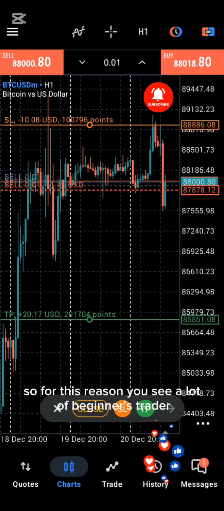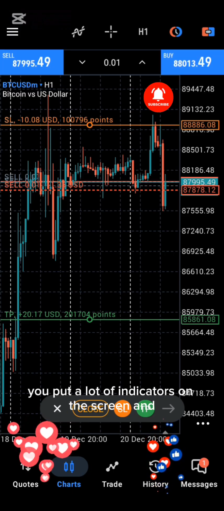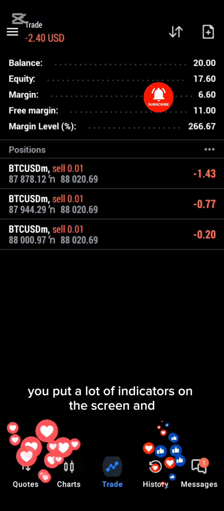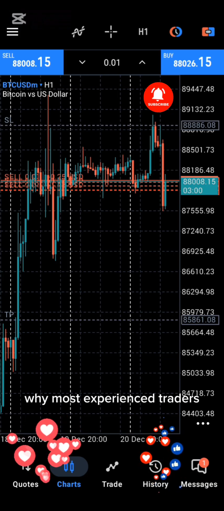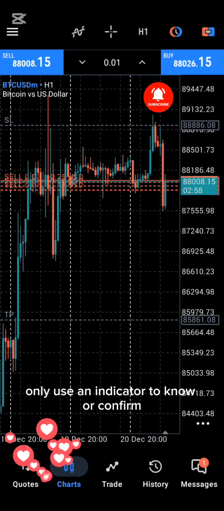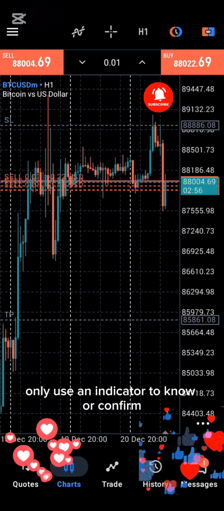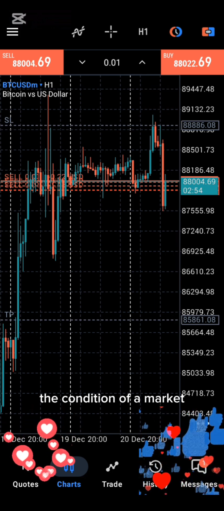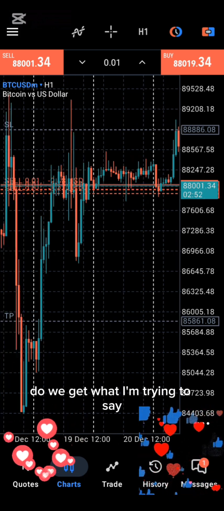So you see a lot of beginner traders put a lot of indicators on the screen, while most experienced traders only use an indicator to know or confirm the condition of a market. Do we get what I'm trying to say?